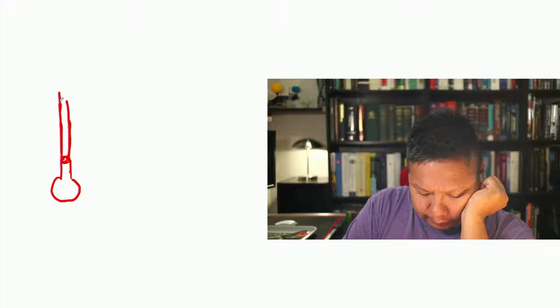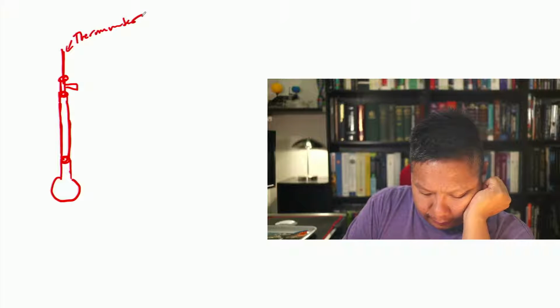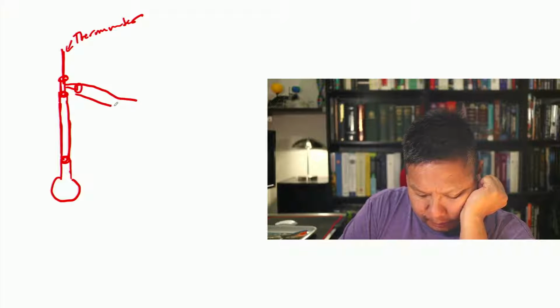And the fractionating column has this little joint in there, like this, and a thing up here to hold a thermometer. And then this joint here connects to the distilling column.